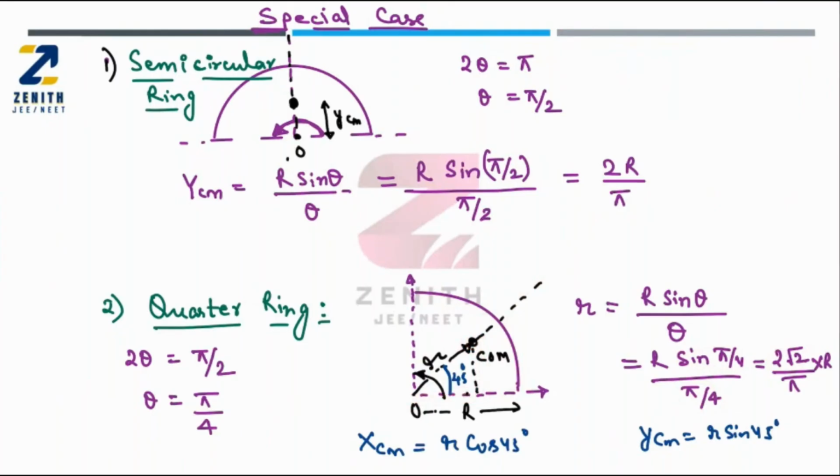R value you already know, cos 45 is 1 by root 2. Once you solve, you will get the value of 2r by pi, and this is also 2r by pi. Okay, 2r by pi. So this is for a semicircular ring and quarter ring. So any particular angle you can easily calculate. Just draw an angle bisector, calculate the center of mass position. For calculating the coordinates, you take the sine component and cos component. Fine. So this is regarding the circular ring.